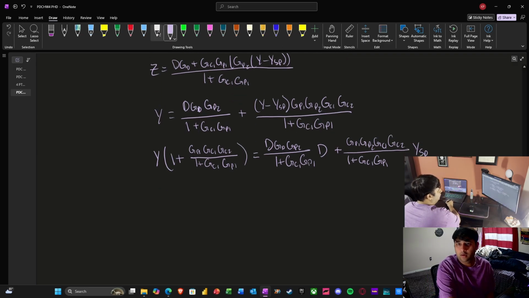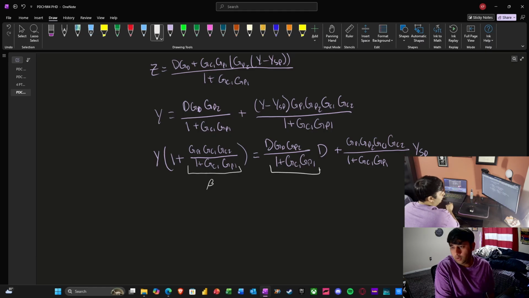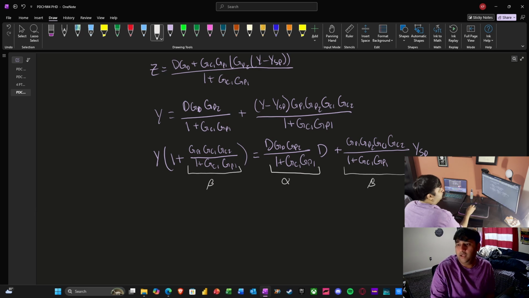And then to basically finish this off, let's use white, we're going to count this as beta, this as alpha, this is also beta.